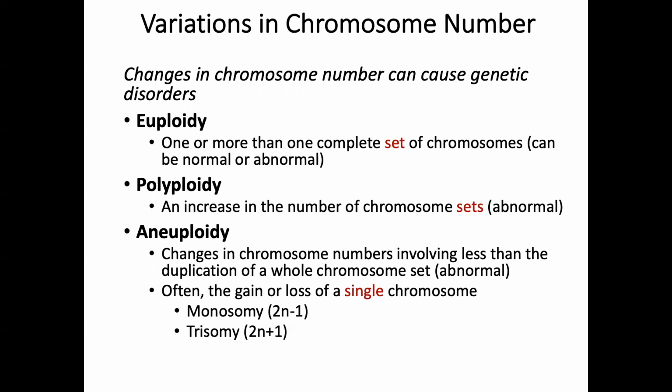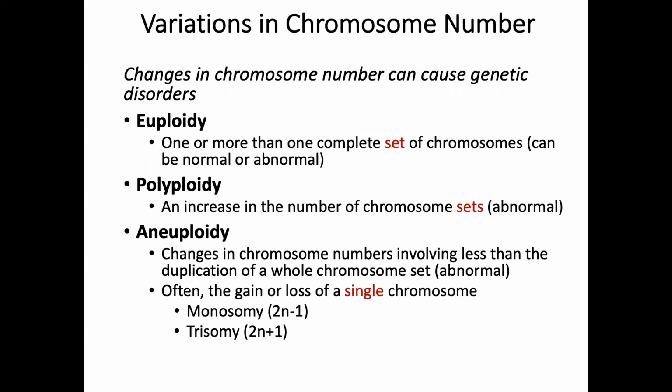So aneuploidy is the presence of abnormal numbers of chromosomes in a cell. For example, a human cell having 45 or 47 chromosomes instead of the usual 46, all right? So it does not include a difference of one or more complete sets of chromosomes. So you have to make this distinction, okay?